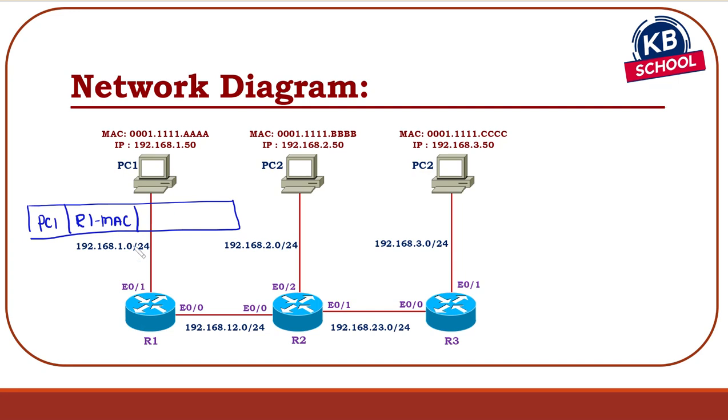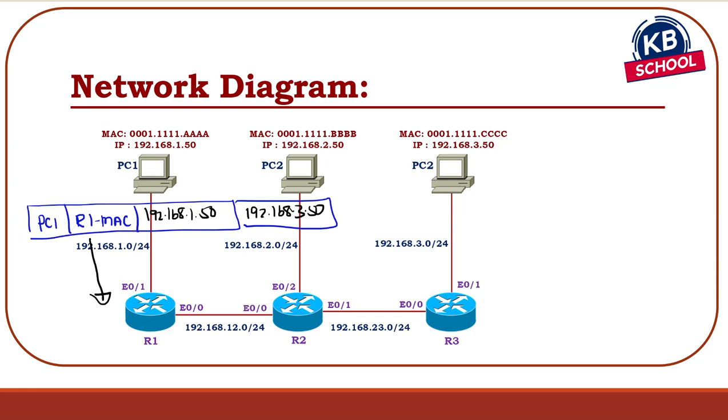Source IP does not change. This doesn't change. This is the way the packet is received on R1. R1 receives the frame.